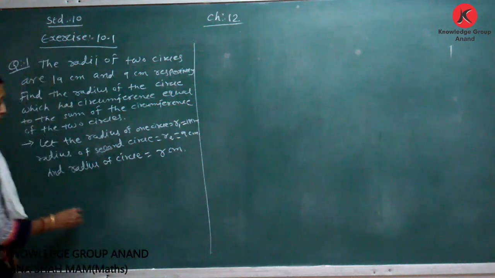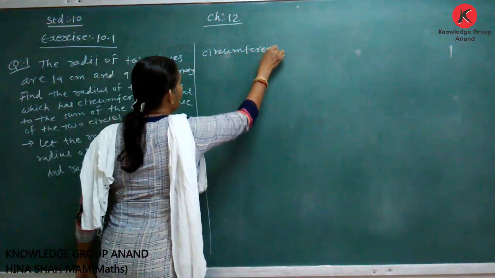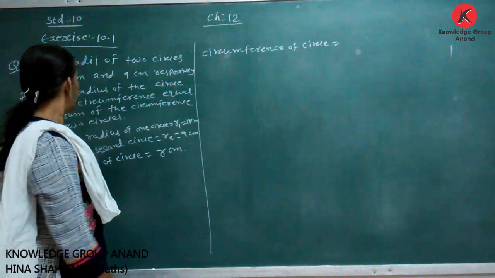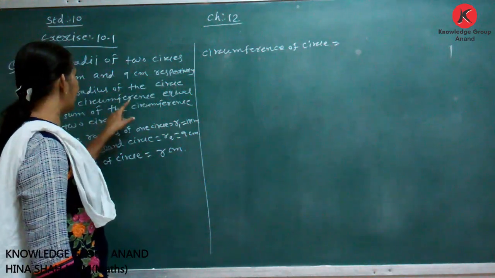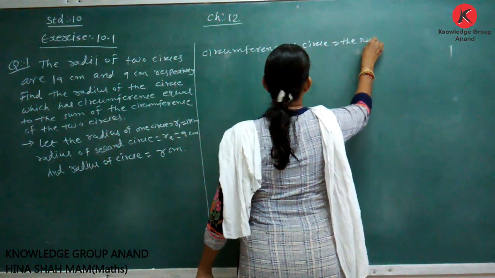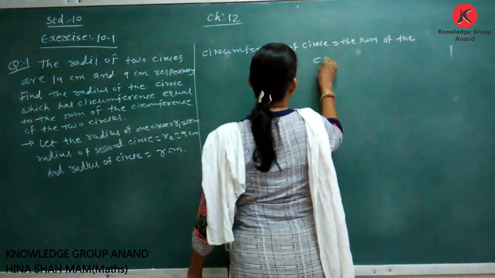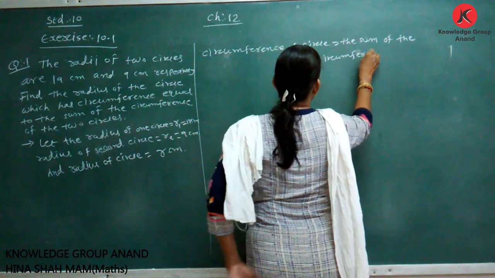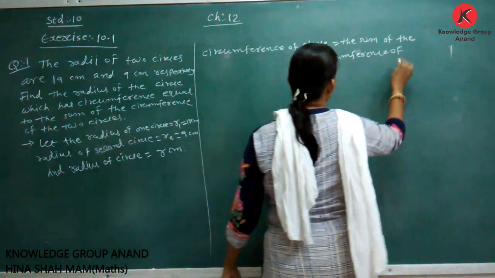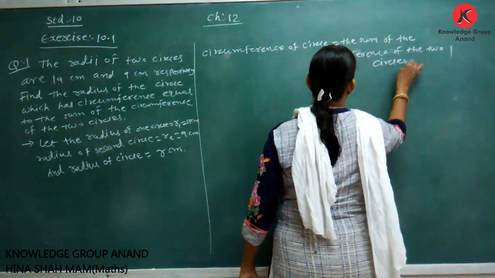We write here: circumference of the circle is equal to the sum of the circumferences of the two circles.